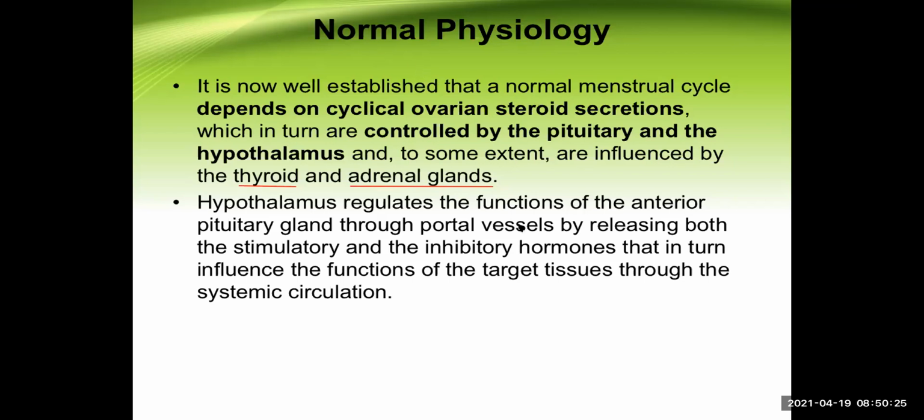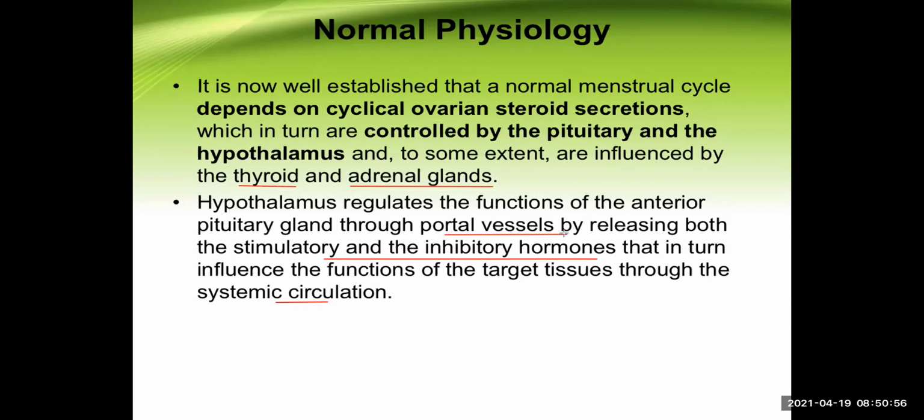The hypothalamus regulates the function of the anterior pituitary gland through portal vessels, by releasing both stimulatory and inhibitory hormones that in turn influence the function of the target tissue through the systemic circulation. Now, what do you mean by that? I'm sure everybody knows the meaning of portal vessels. Just like the portal vein in the abdomen, it has two sets of capillaries, one on either end.